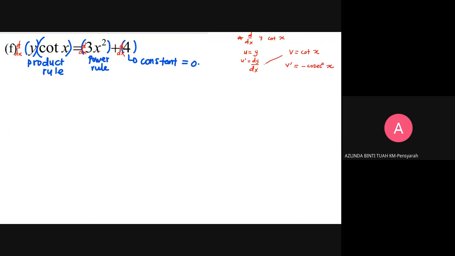Okay, then we cross multiply to get the product. So in the next row, we're going to have u times v prime. So y times negative cosec squared x plus v times u prime, cot x dy dx.